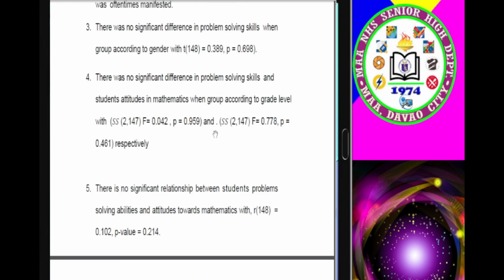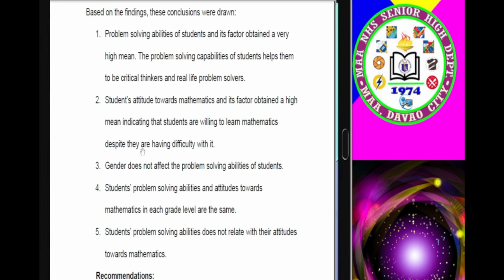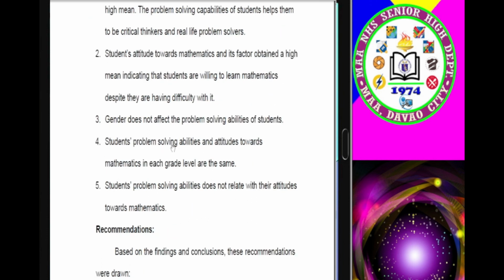For number 4, findings: there was no significant difference in problem solving skills and attitudes in mathematics when grouped according to grade level. This is based on our ANOVA. Our conclusion here is students' problem solving abilities and attitude towards mathematics in each grade level are the same.